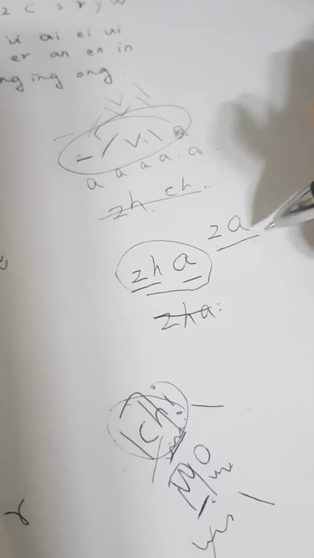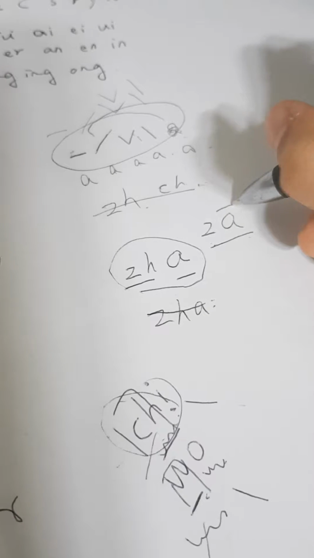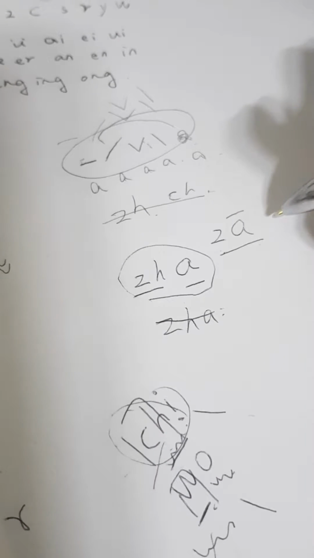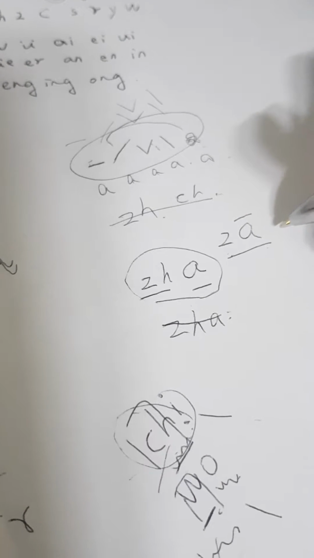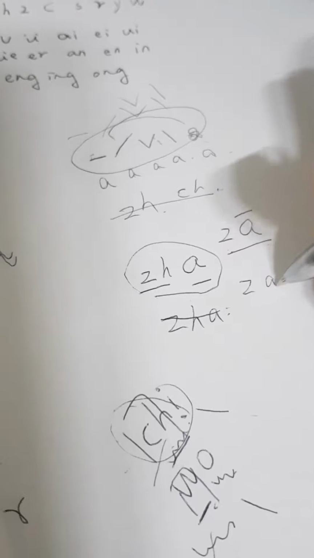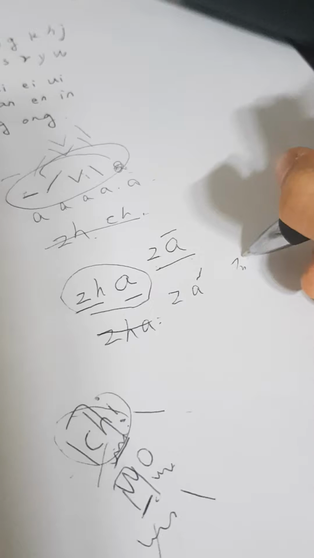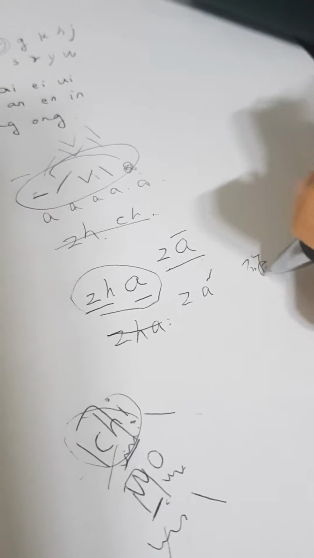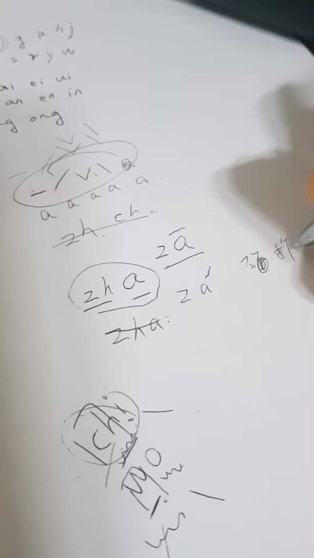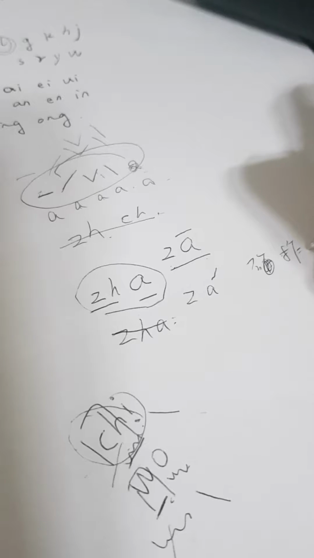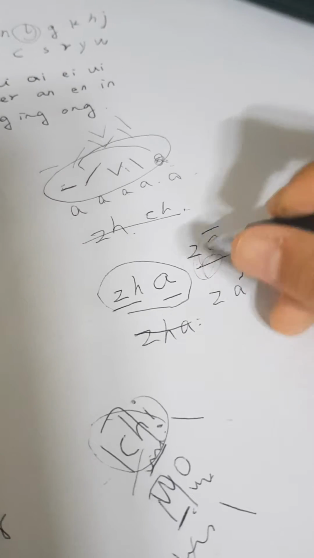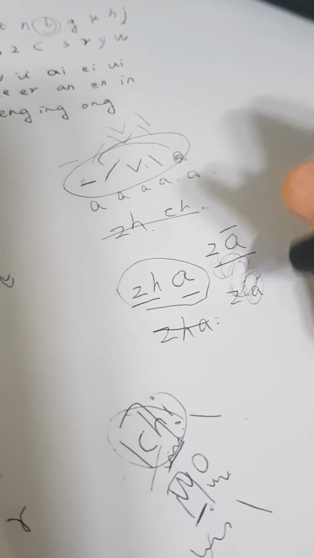Like it's za, za, za, za. We can write za into these characters, but actually there are a lot. Oh, forget it. I cannot think in Chinese characters.